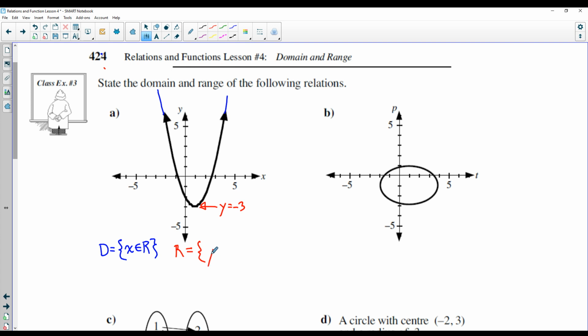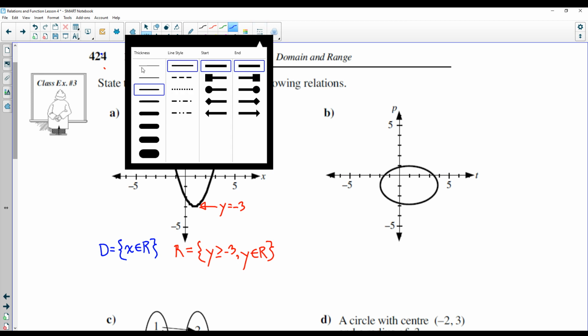So I could write down y is greater than or equal to -3. And if the y values are greater than or equal to -3, what kind of y values are allowed? Well, any real number, as long as it is greater than or equal to -3.